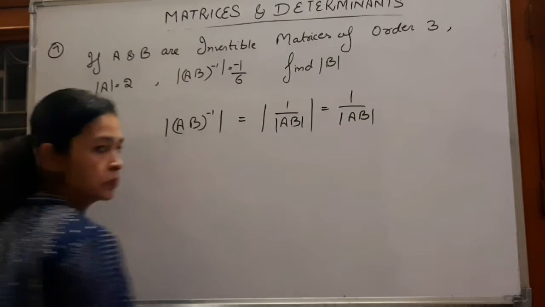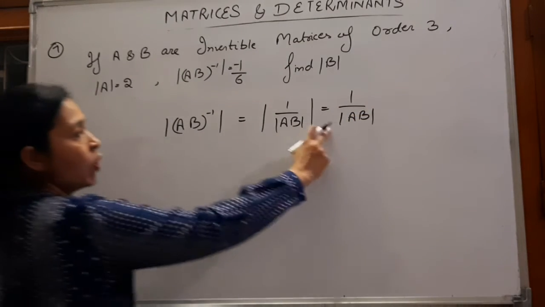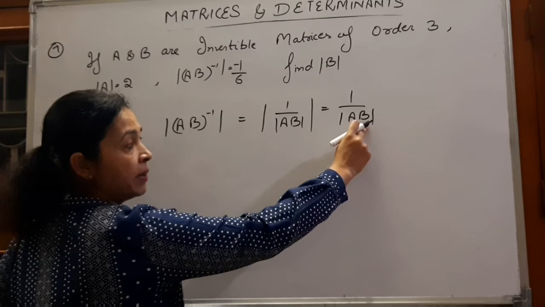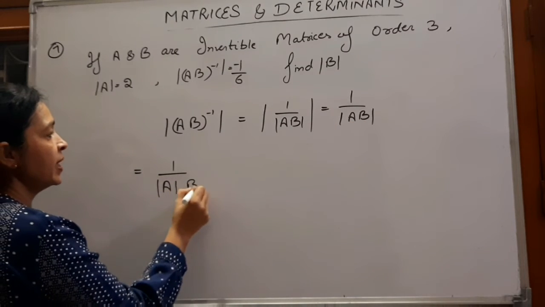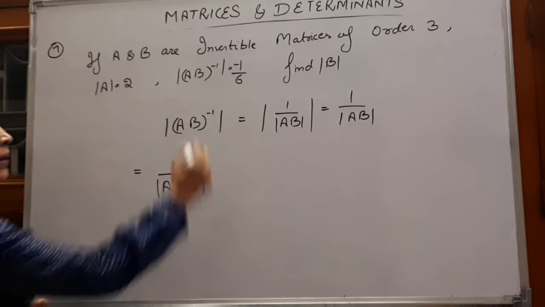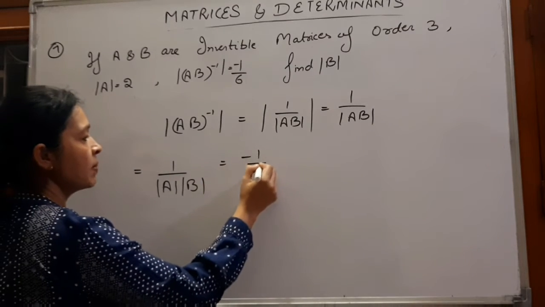What is 1 upon AB का determinant, this is equals to 1 of determinant of A into determinant of B, and this is equals to minus 1 by 6.